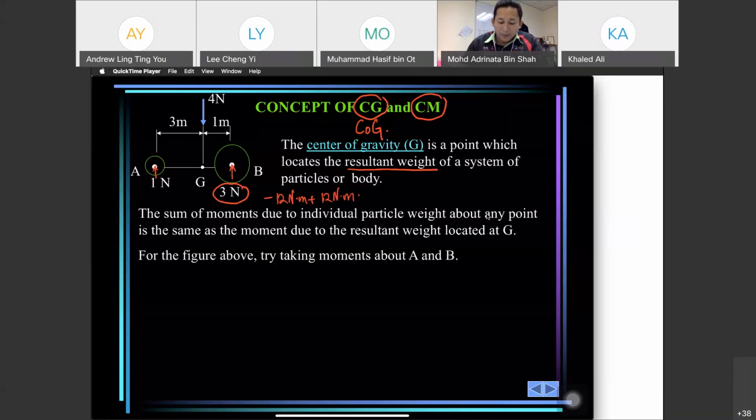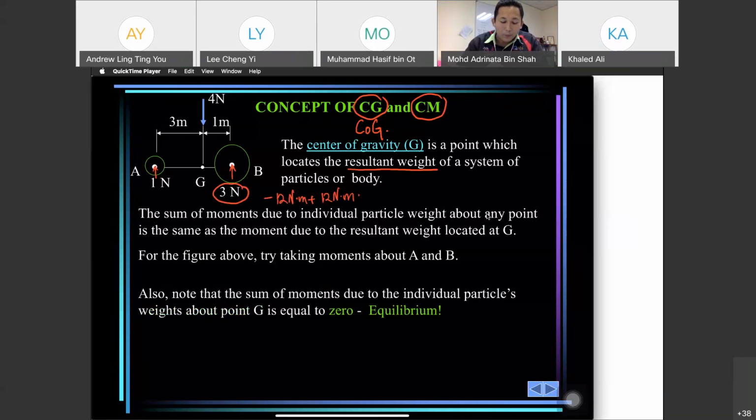It is the same answer if you take moment at point B. If you have a moment at point B, we have negative 1 Newton times 4 meter plus 4 Newton, counterclockwise, times 1 meter equals 0, in equilibrium.